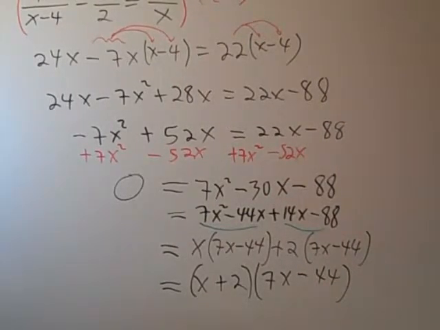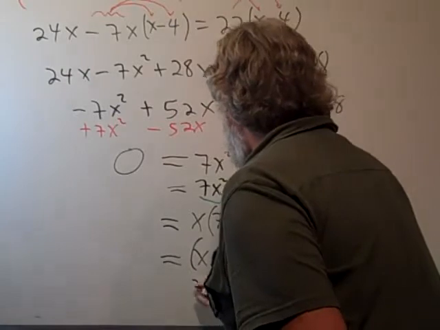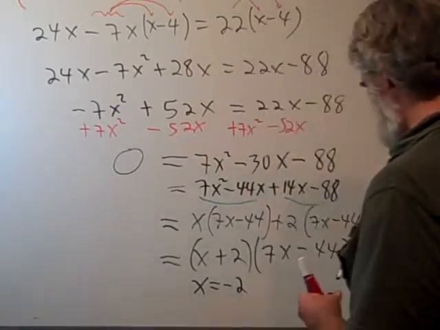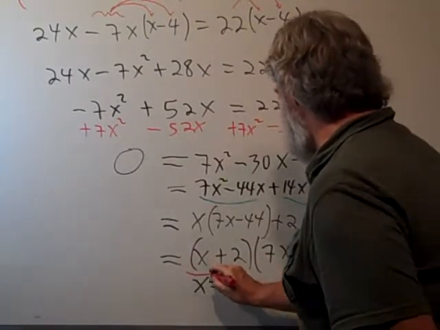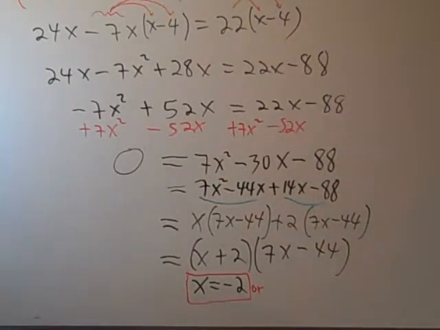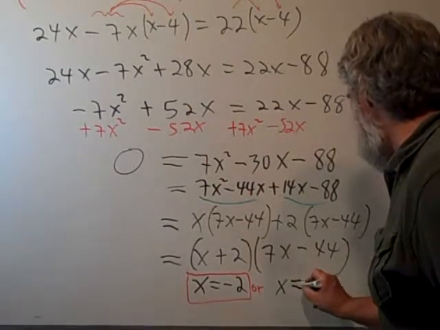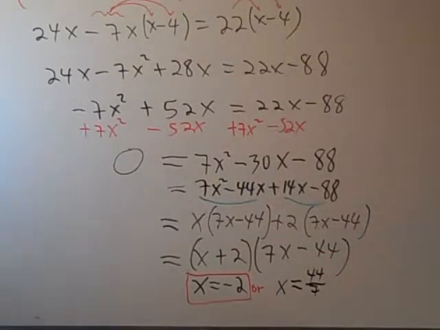And so we get two possible solutions to this equation. One of them is x equal negative 2. That'll make the first factor down here equal to 0. Or, if 7x is equal to 44, then x is equal to 44 sevenths.